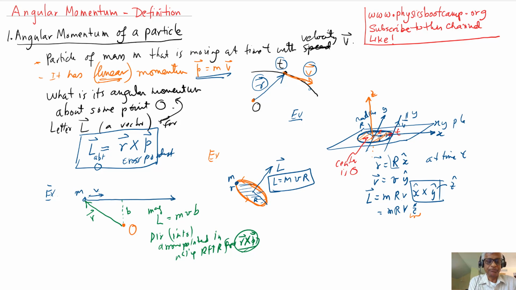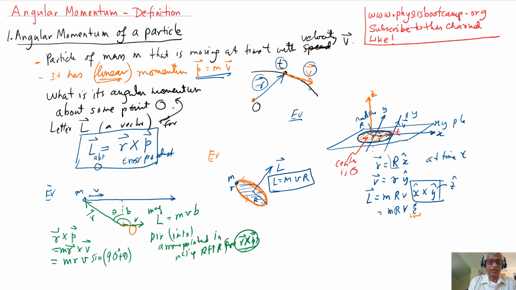If you look at this, V is in that direction, so we have this angle. Let's call this angle theta. So I have 90 degrees plus theta, that's the angle between them. So let's work out the R cross P, which will be M R cross V equals M R V sine of 90 degrees plus theta.